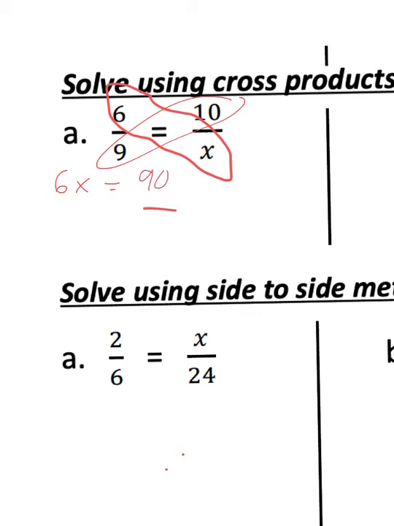So 6 times x equals 90. I'm going to isolate the variable x, so I do the inverse operation of times, which is dividing. 90 divided by 6, your x will be 15.